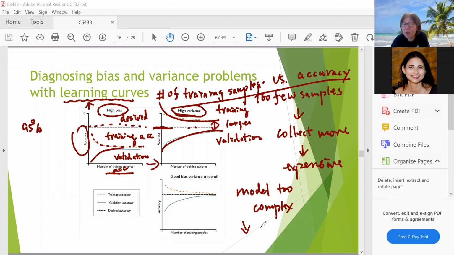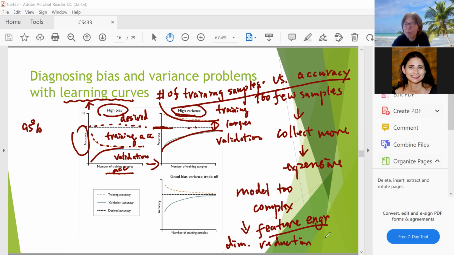Then maybe you need to do some feature extraction, feature selection, feature engineering, such as dimensionality reduction.